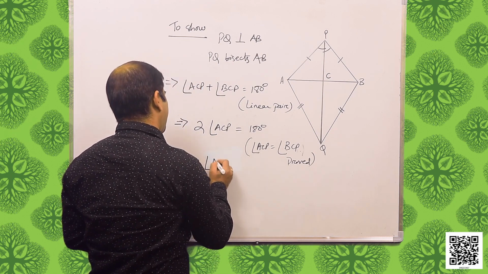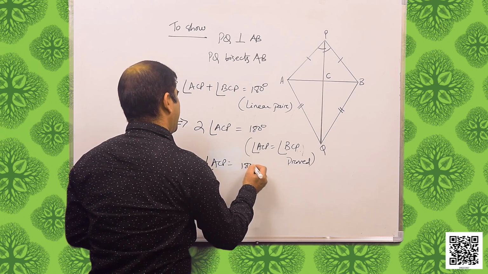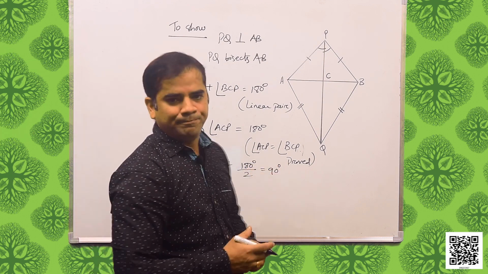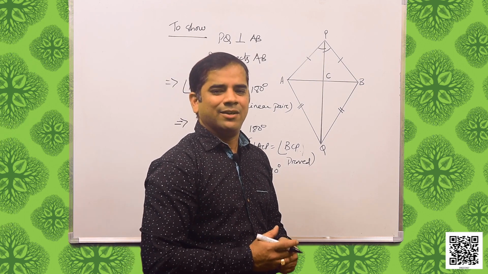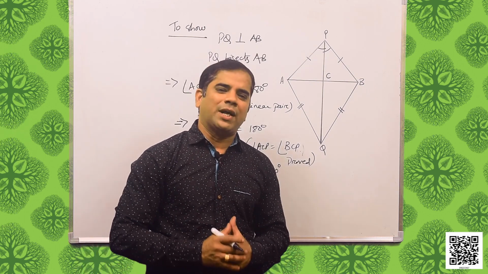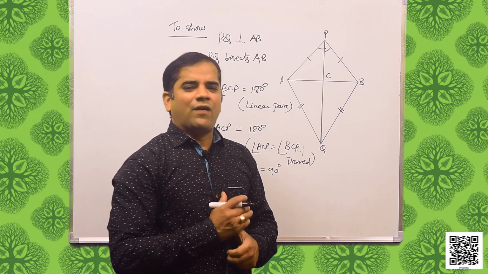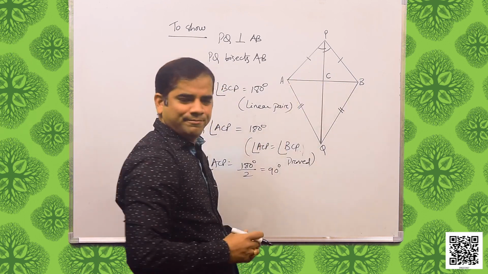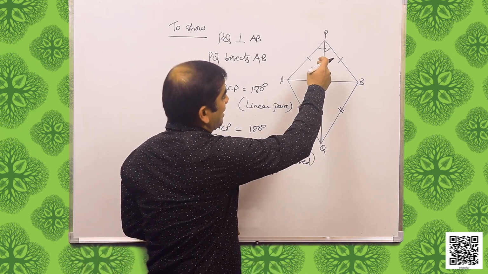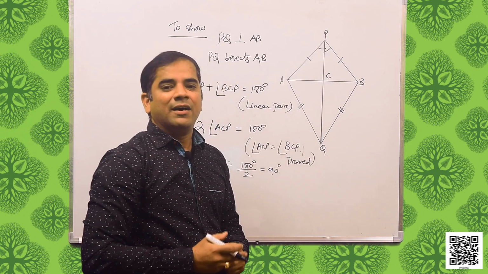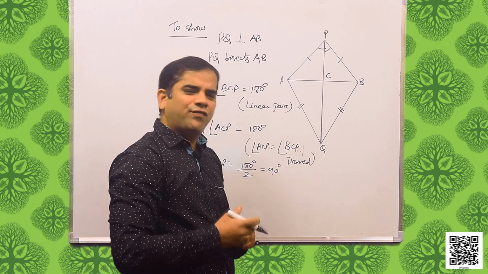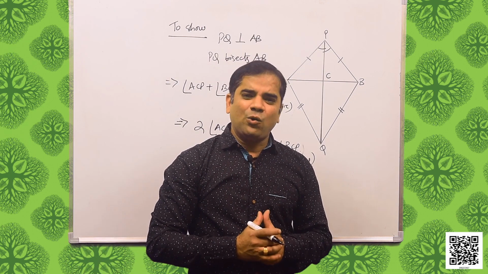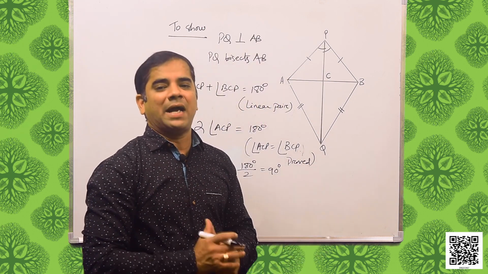That implies angle ACP is equal to 180 degrees divided by 2, that is 90 degrees. So, students, we have found that AC is equal to BC and ACP is a right angle. From these two, we can easily conclude that PQ is the perpendicular bisector of AB.